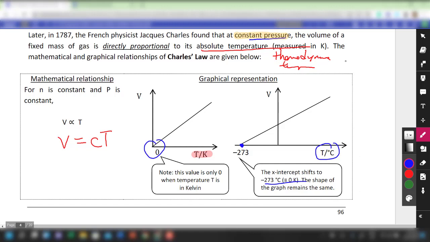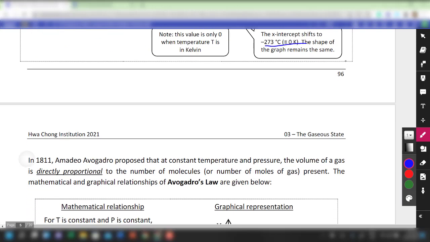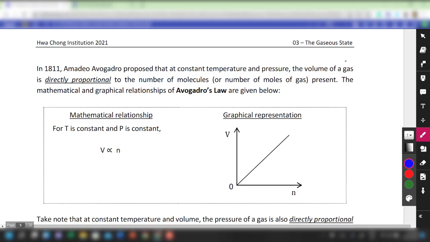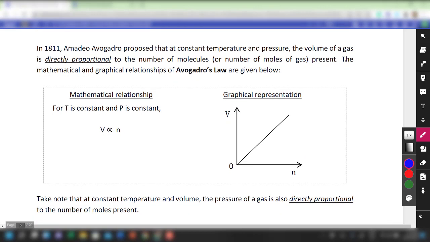Temperature in Kelvin is temperature in degrees Celsius plus 273. Do take note of this. Moving on to the next part.